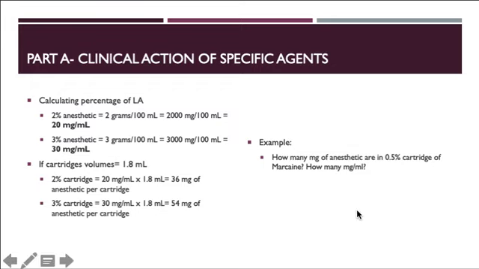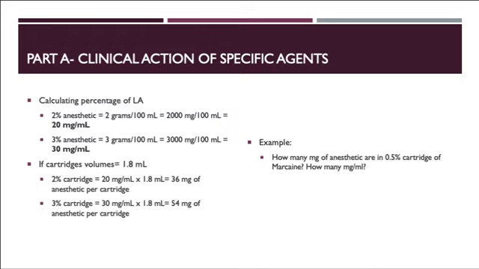So let's do an example of that. How many milligrams of anesthetic are in a 0.5% cartridge of Marcaine? So a 0.5% formulation would have 500 milligrams per 100 mils. And that would equal 5 milligrams per mil.